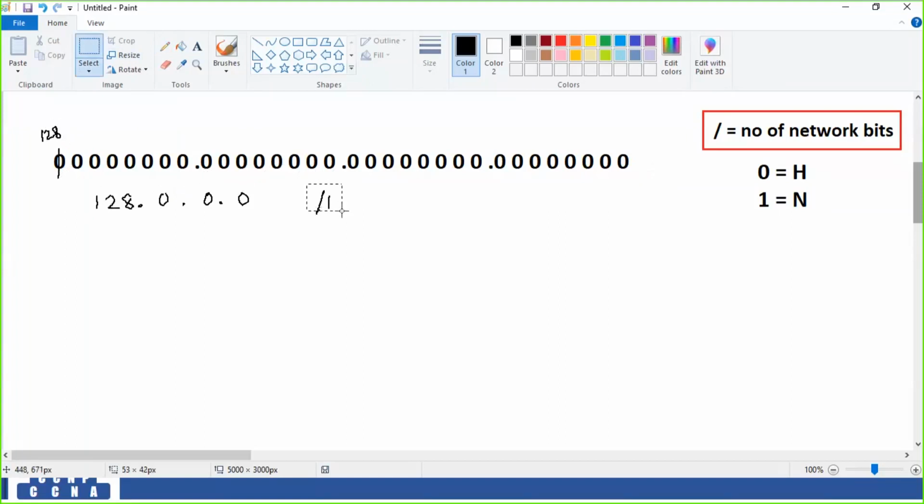So /1 you can write like this: 128.0.0.0. /2 indicates 2 network bits: 128 plus 64, how much? 192. 192.0.0.0.